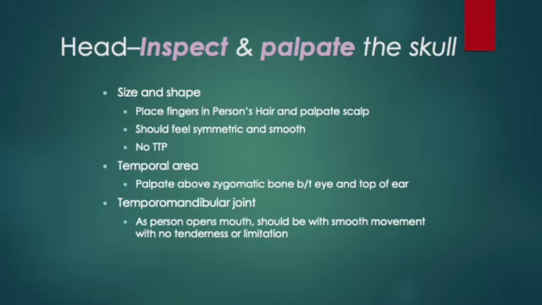Sometimes you will feel crepitus, and crepitus is that crunchy, crackling noise that demonstrates the movement between bones. Some people experience this very severely, and other people, you can hear it, but it doesn't really limit their ability to move or eat.